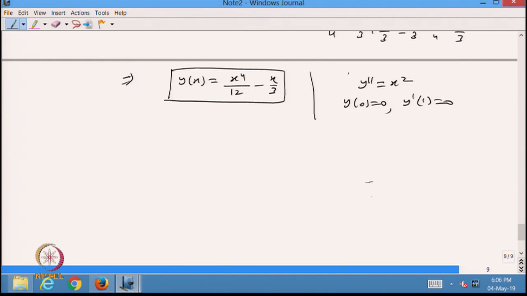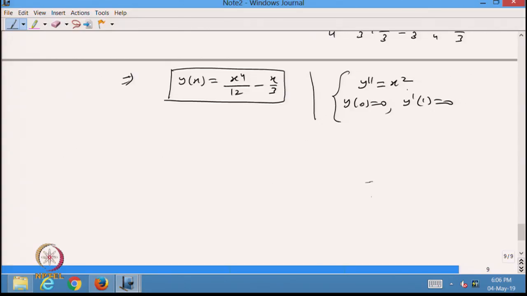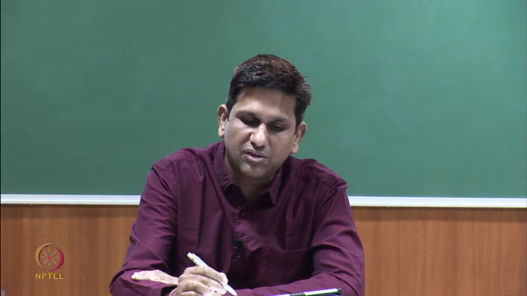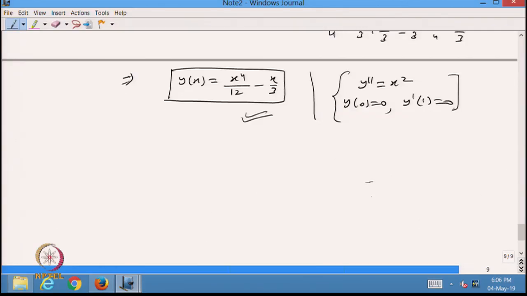So, you can also solve this equation with the previous method, where we were solving differential equations with constant coefficients and the right hand side function is a polynomial, that is x square. If you solve this with the previous methods, you should get the same solution. You can take this as homework to verify whether you get the same solution with the operator method or not.